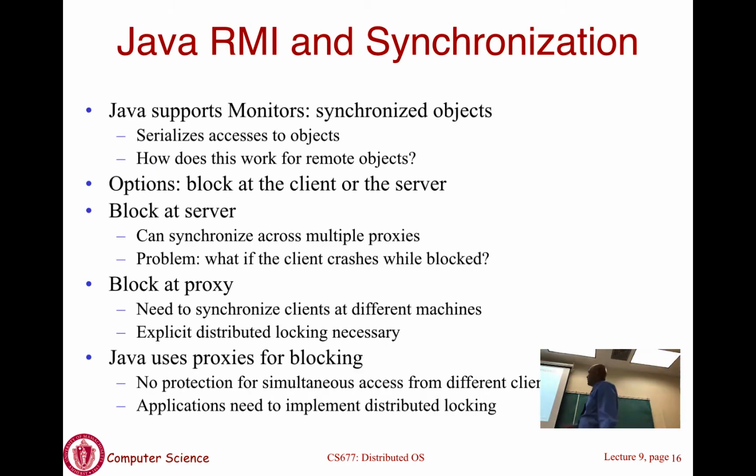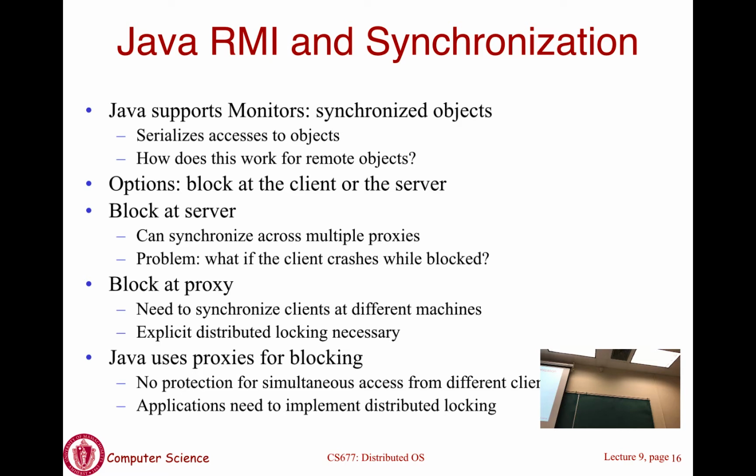Okay. So I do want to mention synchronization, because if you write Java RMI code or any code that actually uses multiple threads or concurrency, you have to have synchronization in there. Like in any multi-threaded code, if you have an object that is receiving multiple RMI calls from one or multiple clients, you have to have synchronization.